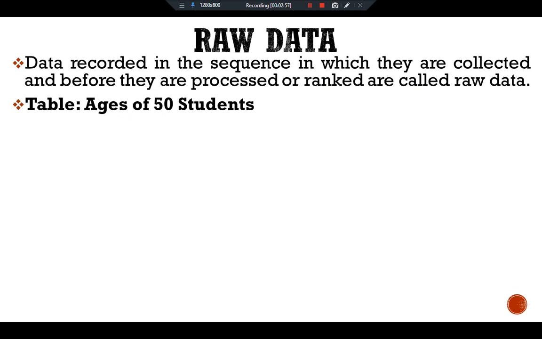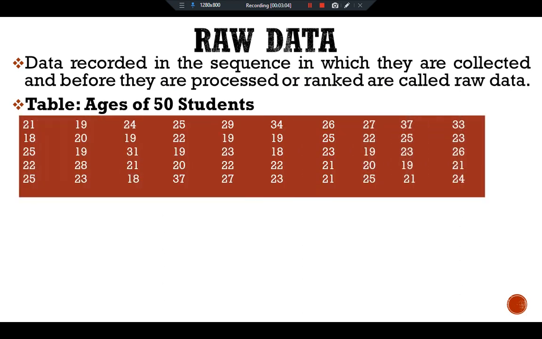The data values in the order they are collected are recorded here. For example, the first student's age is 21, second is 19, third is 24, and fourth is 25, and so forth. So this table provides us a data set of quantitative raw data.